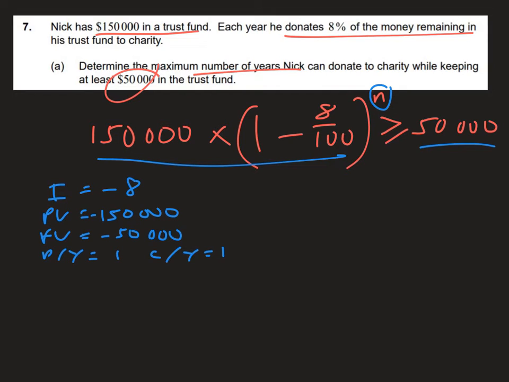The payments per year is 1, and the compounding periods per year is 1. If you go then to n, the number of years, and solve, you will get 13.18, which therefore gives a final answer of 13 years.